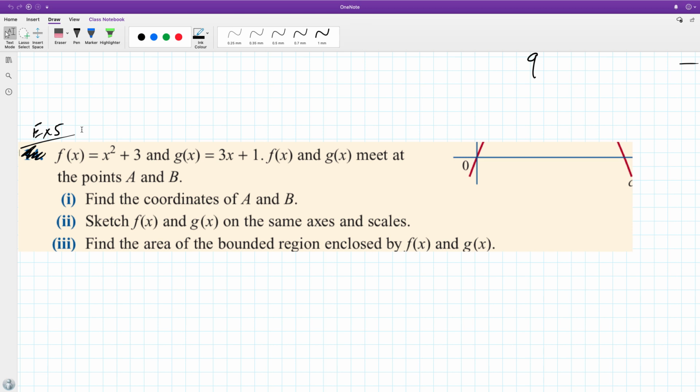And that I got there is 3, where it cuts the y-axis. And you do the same here. 9.